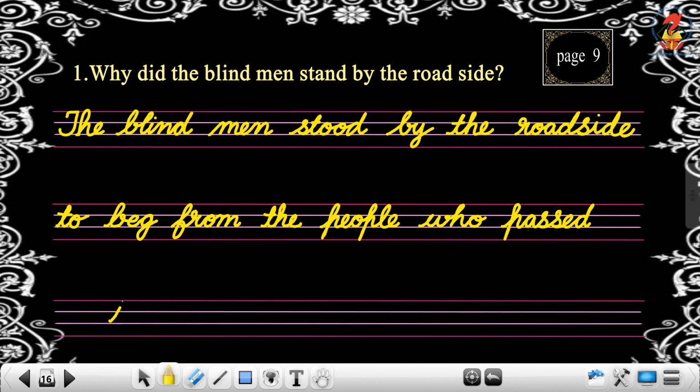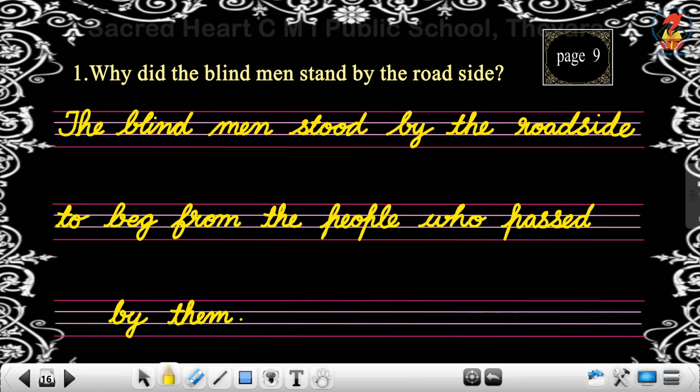B-Y, by. T-H-E-M, them. So, the blind men stood by the roadside to beg from the people who passed by them.